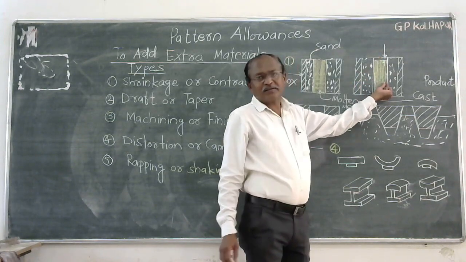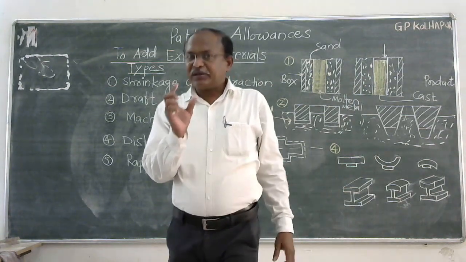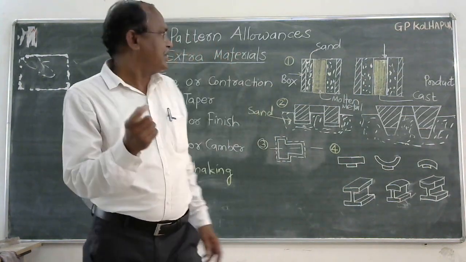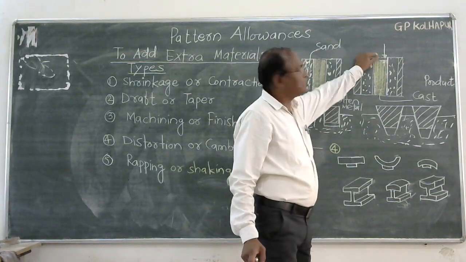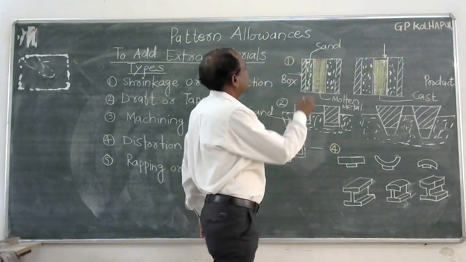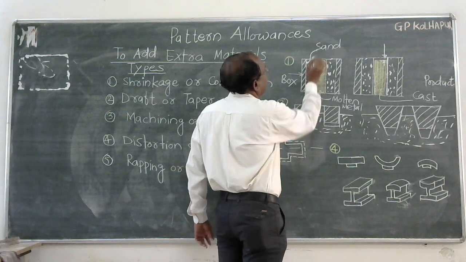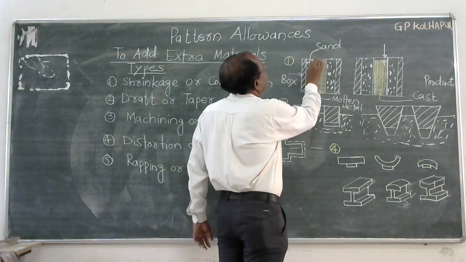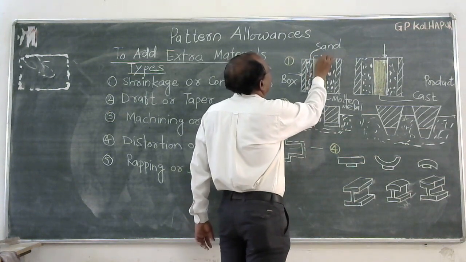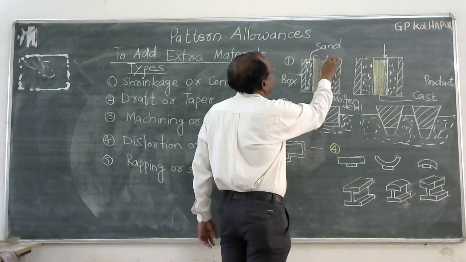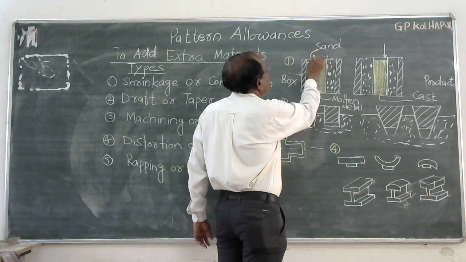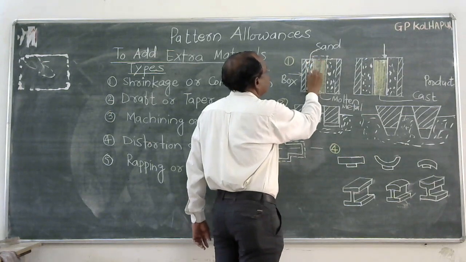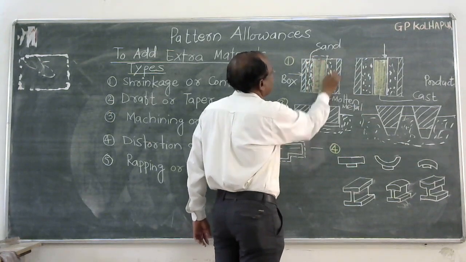If it is circular, then you get less diameter and less height. So what I can do is provide extra material on the pattern so that the mold cavity is like this and the mold cavity increases in its diameter.